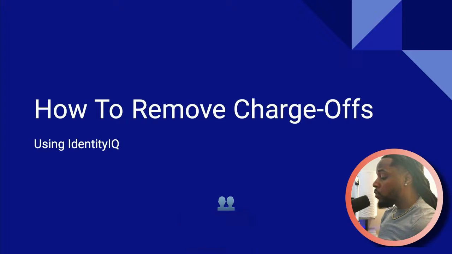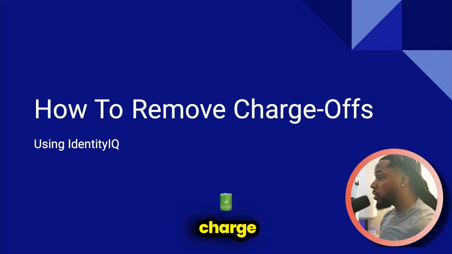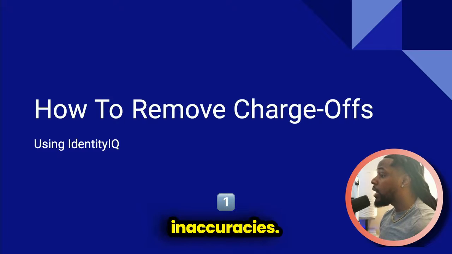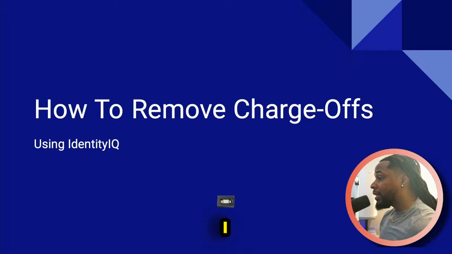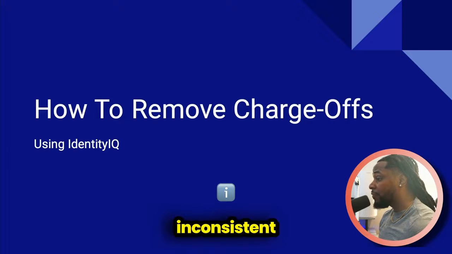For other people who are still trying to remove charge-offs, this is going to be for you. In this video, I want to go over one of the other common inaccuracies. In my original video, I did the charge-off repeat method because that's the number one inaccuracy I notice on reports, and it's the easiest way to remove a charge-off. In this one, I'm going to be using the method of the credit bureaus having inconsistent information.